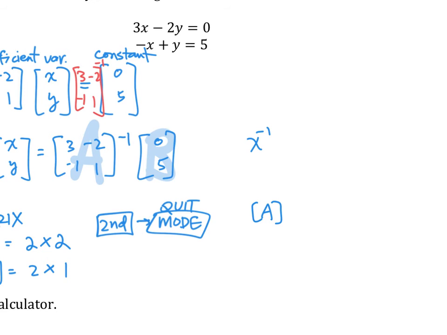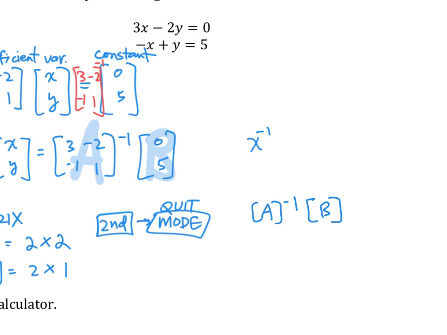Click on that, and this will automatically give you the negative 1, which means inverse in this case. And then you're going to go back to the matrix to again select B.